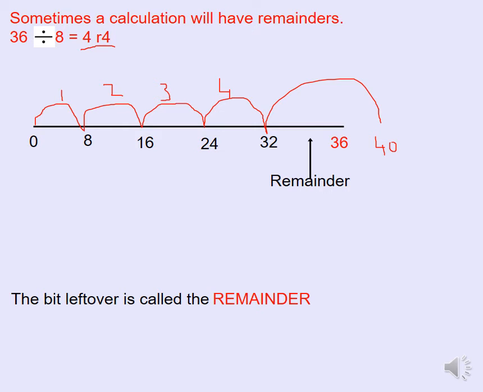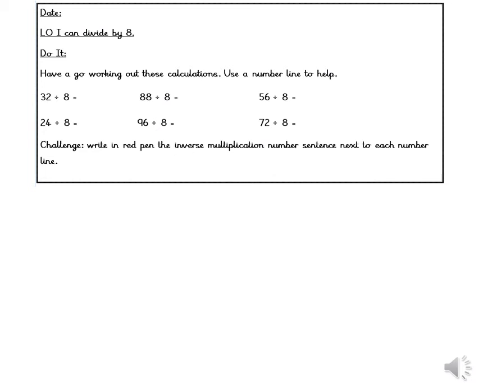So we've done 4 full jumps and we've got 4 left over, which is our remainder. So 4 remainder 4. Now you've got some questions like that in your sheet today, so just make sure that number isn't in the times table, and that you might have some left over.